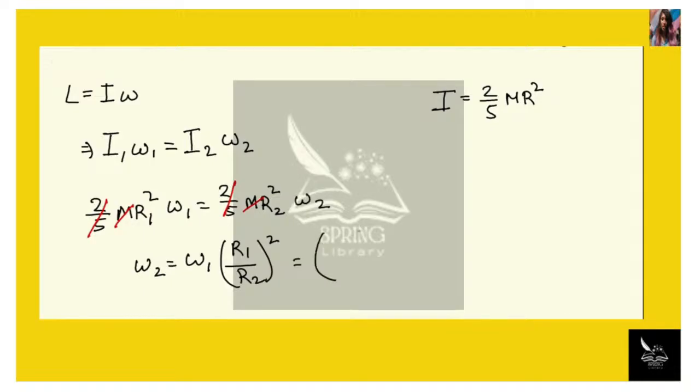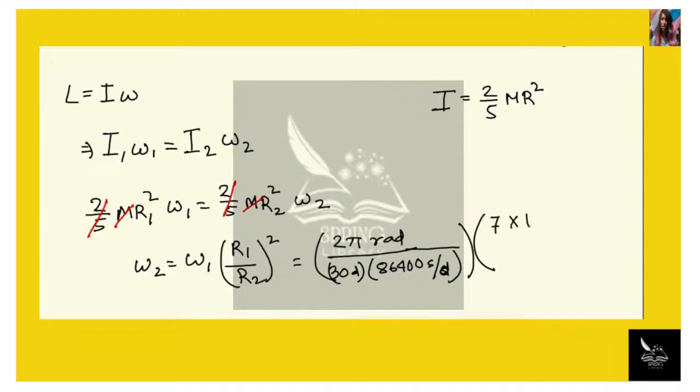1 rotation per 30 days. So we convert that to radians. So we'll have 2 pi radians divided by 30 days. We convert that to seconds, so that's going to be 86,400 seconds per day, times R1, which is 7 times 10 to the power 5 kilometers, and R2 is 16 kilometers.